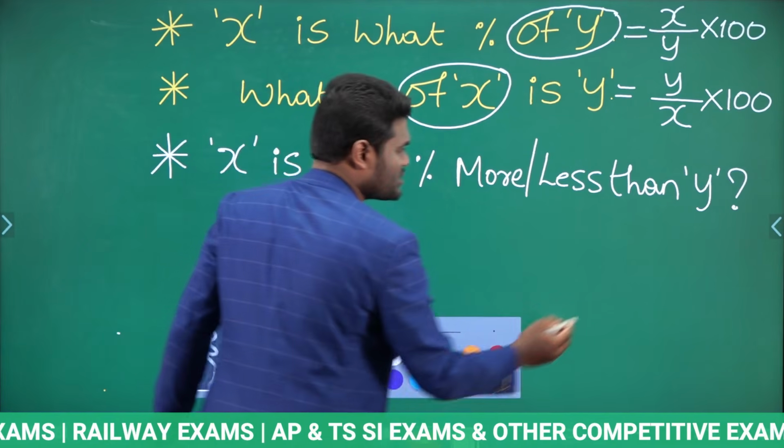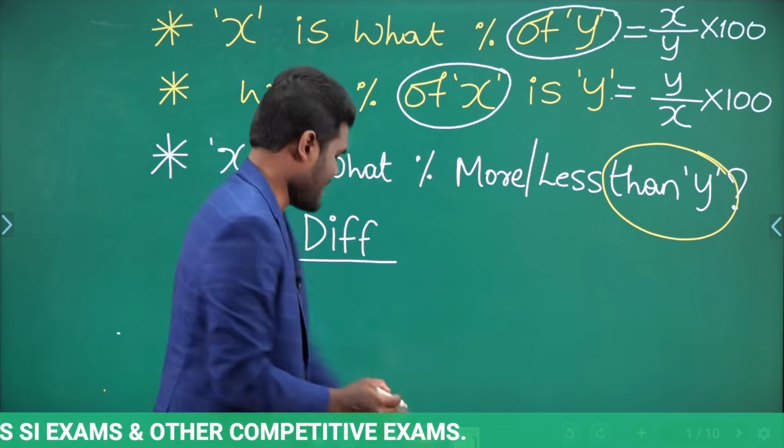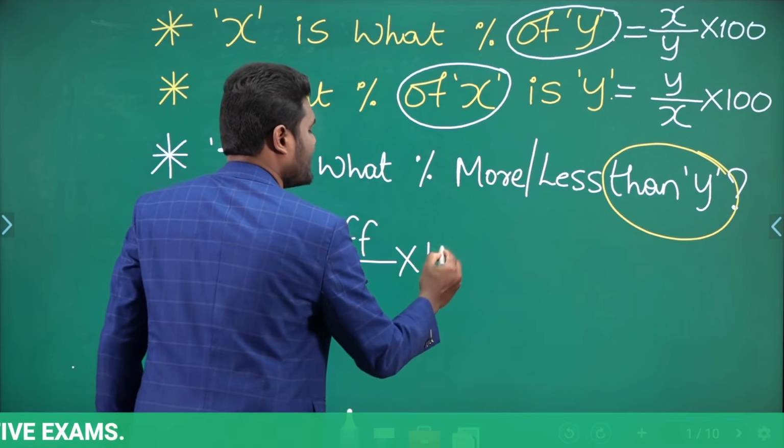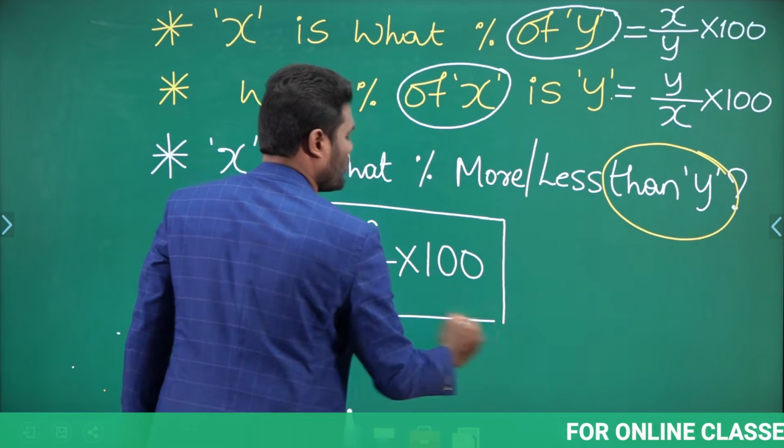After "than" you got Y. As you got Y, Y should be your denominator. Difference by Y into 100. Okay, very simple.